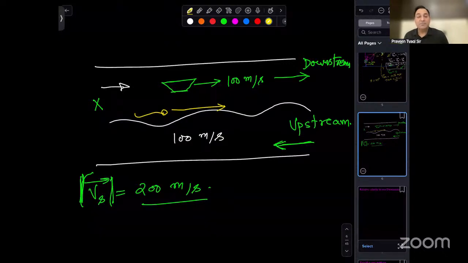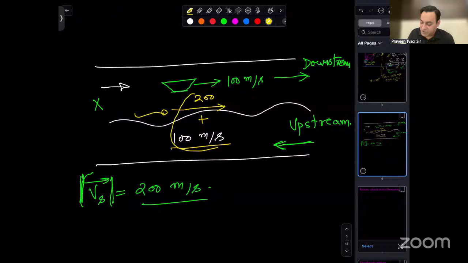What will be his speed when he is trying to swim downstream? It will be how much? 300. Yes. The river will make him flow with 100, and his own effort will make him flow with 200. And therefore, the net velocity, the net speed with which he'll be moving downstream will be 300.